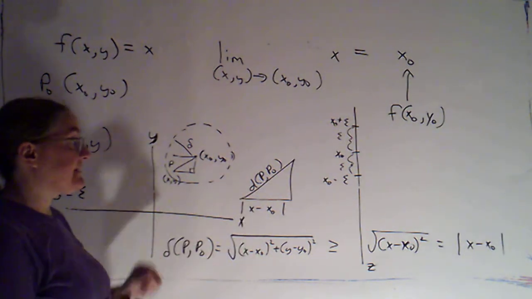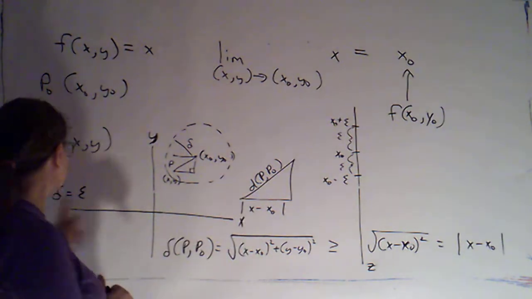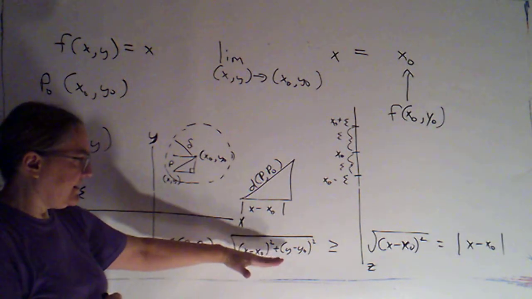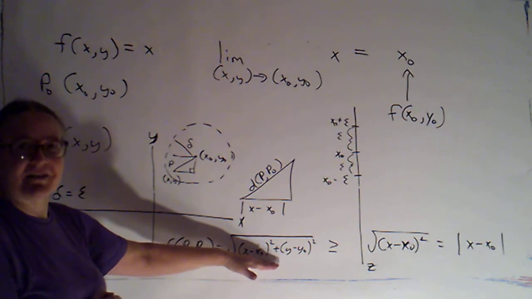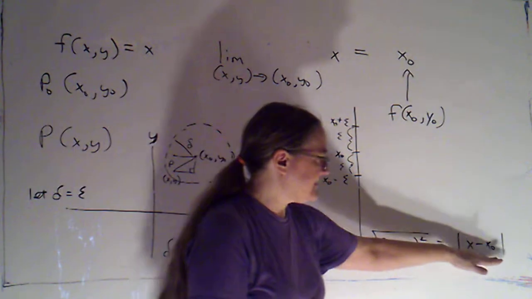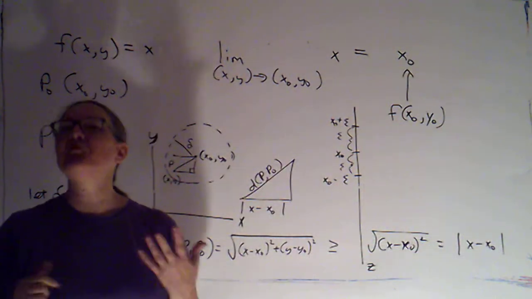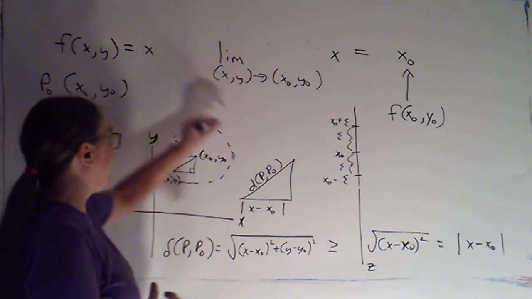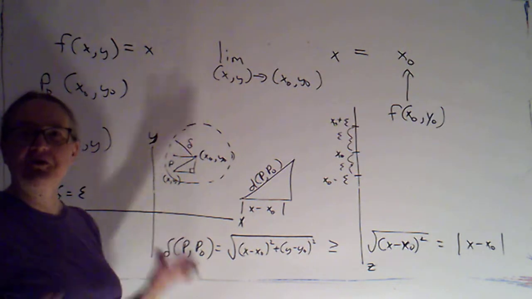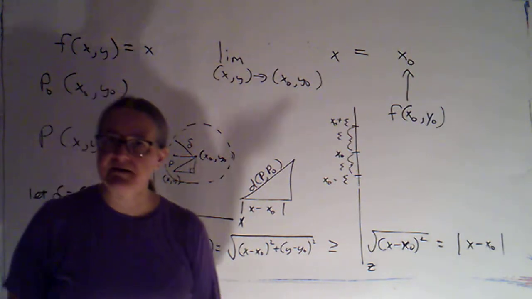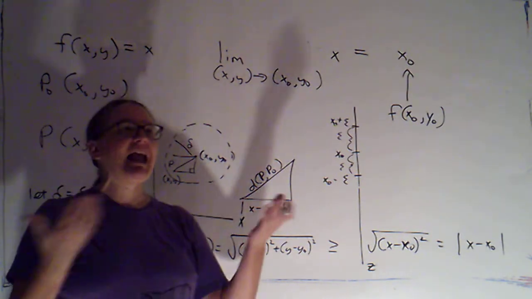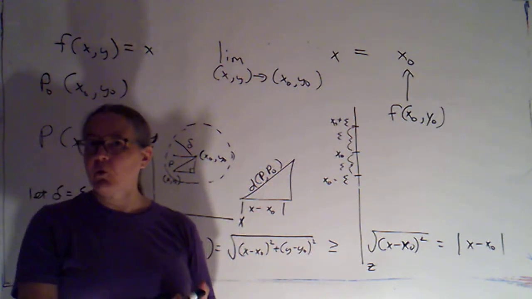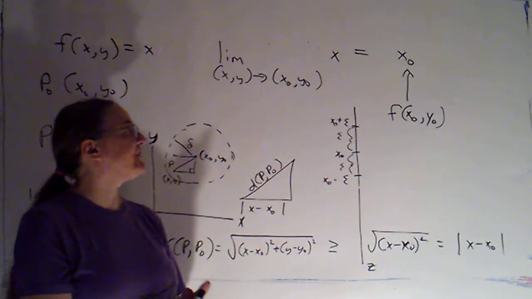And this distance is smaller than delta, which is the same as epsilon. Well, if this is smaller than epsilon, this thing, which is smaller than it, will also be smaller than epsilon. Okay. So, if I can make a point in 2 or 3 space be within a certain distance of a fixed point, any of its coordinates are going to be within that distance of the corresponding coordinate of that point. That's all this is saying.